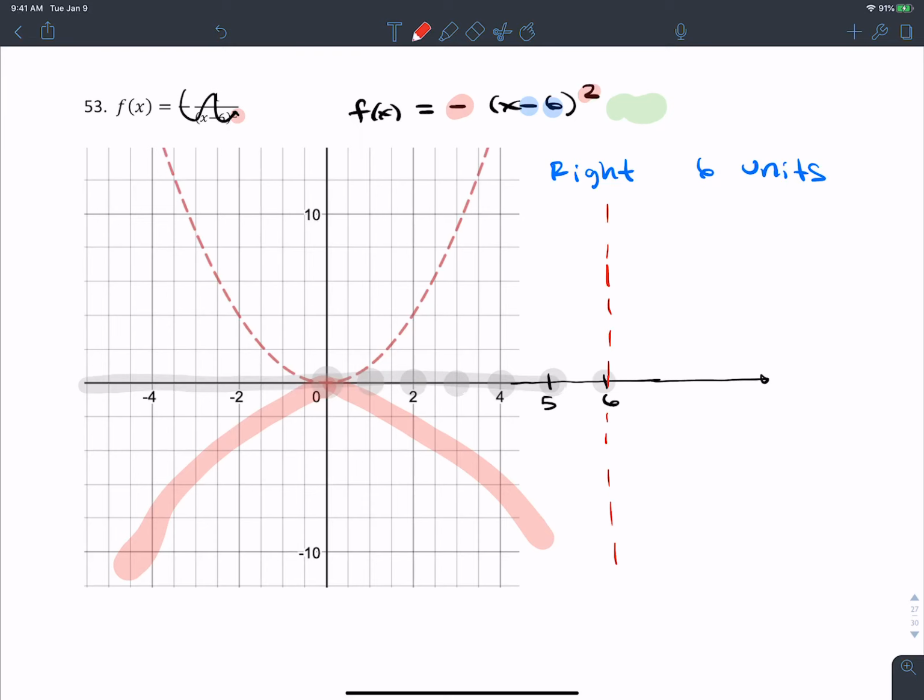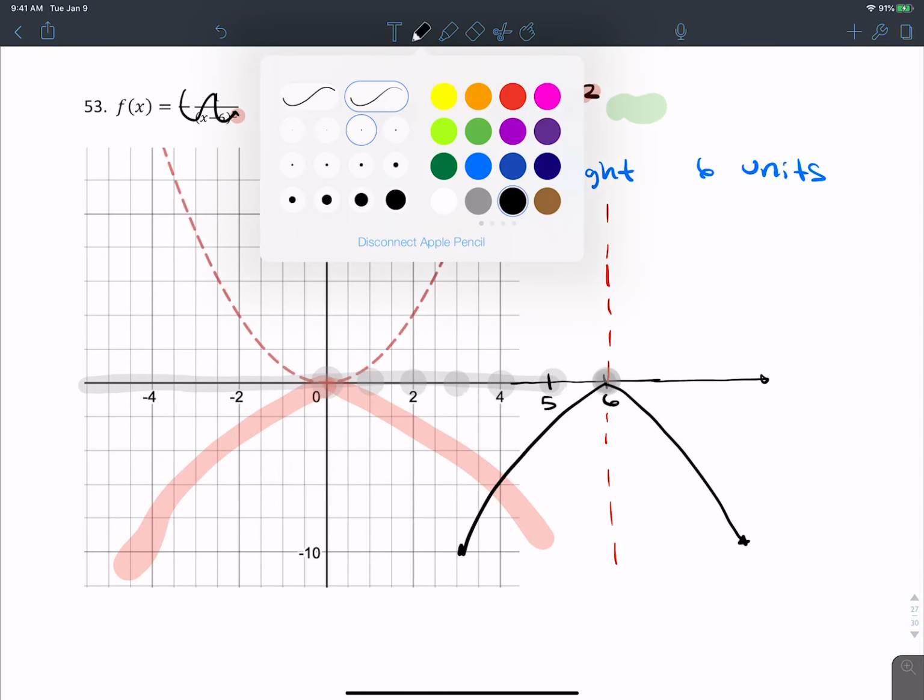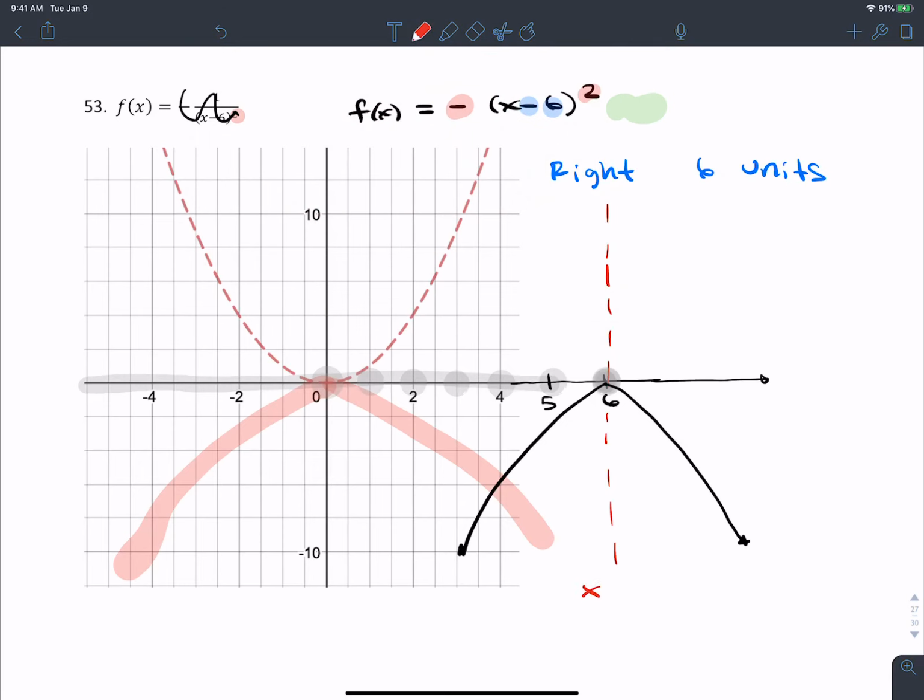And so this vertex is now located right here, and I can sketch my inverted parabola down from the vertex. And if you remember, we have a new axis of symmetry, the line x equals 6 here. This is simply moving this inverted parabola to the right 6 units. And that's your graph.